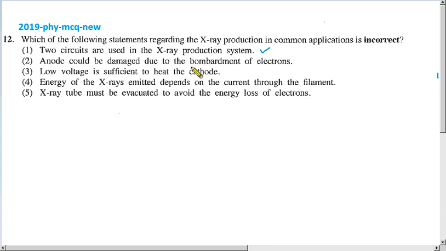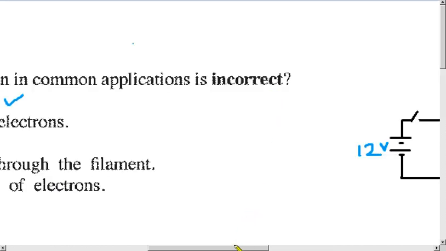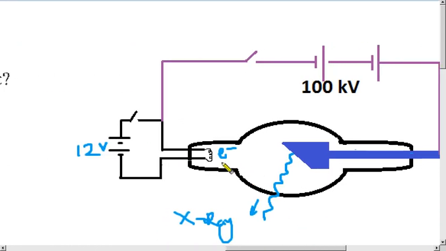Anode could be damaged due to the bombardment of electrons, yes, anode could be damaged. Not only the anode, the cathode is also damaged, because we know with filament bulbs, after using them several times, the filament evaporates, and on the inside surface of the bulb we can see black-colored vaporized metal around the bulb.